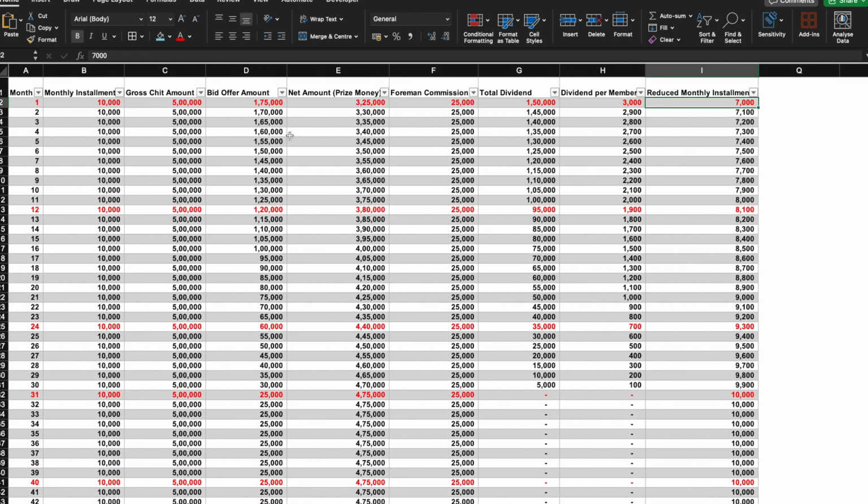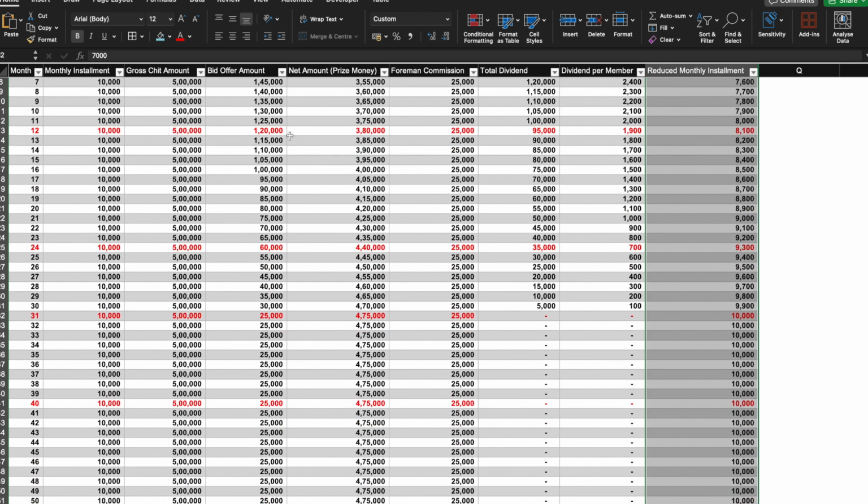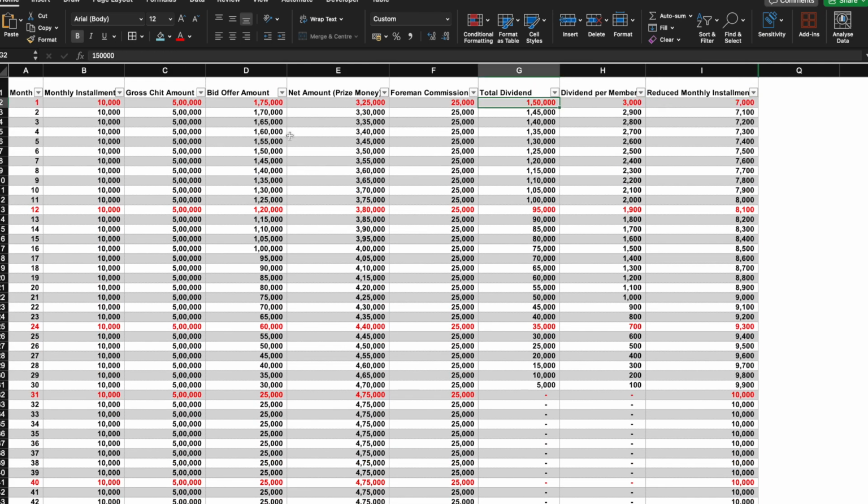But then, taking the advantage of others bidding, the net amount you're paying is about 4,53,000. So in this case, you would be losing out about 1,25,000. But that is not losing out, guys. Let us understand this as the cost of borrowing for the rest of the 50 months, which is typically like 4.5 years. So that's how it works.